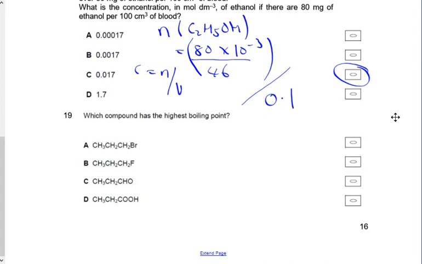But D, a carboxylic acid, will have hydrogen bonding. And hydrogen bonding is the strongest intermolecular force. So hydrogen bonding between molecules of a carboxylic acid will in fact give it the highest boiling point. So the answer to that one is D.